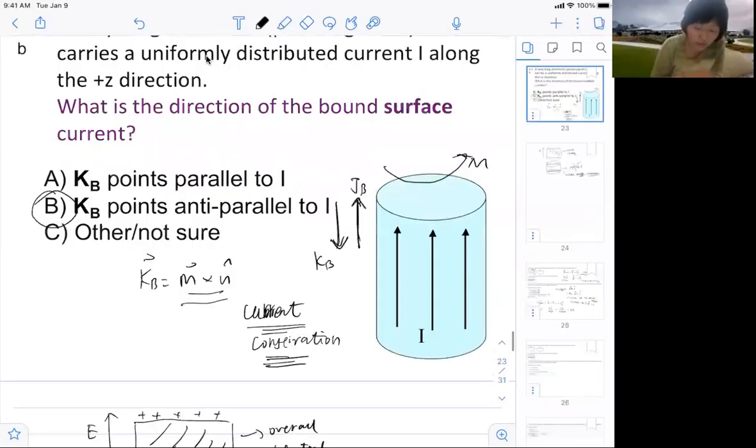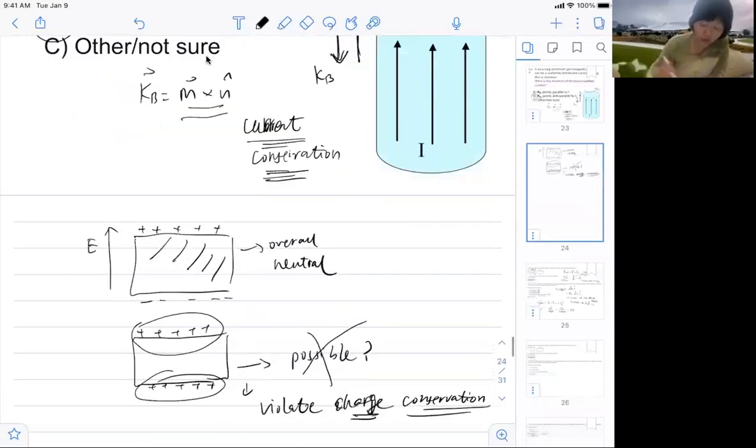Oh, simply it cannot violate current conservation, just like how you cannot violate charge conservation. If you have an overall material that was neutral, when you induce some charges, the overall material is still neutral. If some positive charge comes up on the top surface, there's got to be some negative charge coming up on the bottom surface.